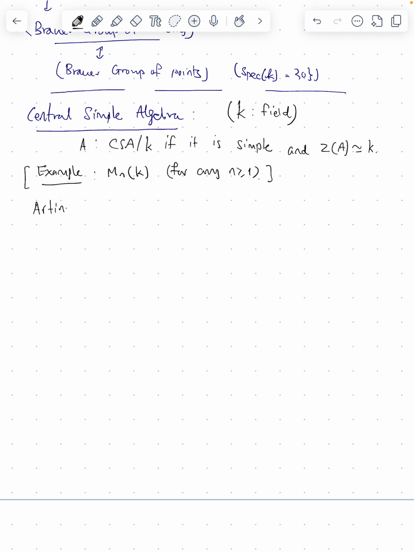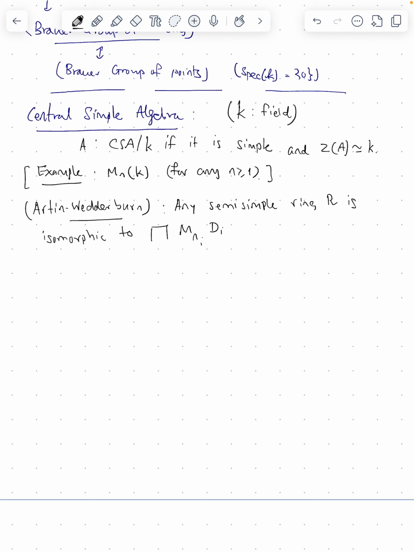So what does Artin-Wedderburn say? It says that whenever you have a semi-simple ring, it is always isomorphic to a product of matrix rings over division rings.